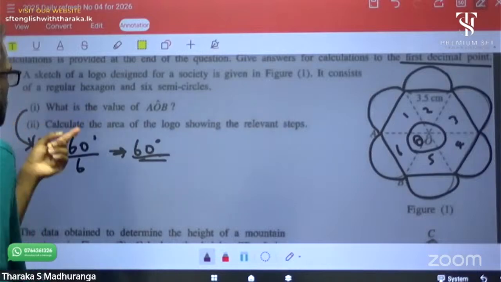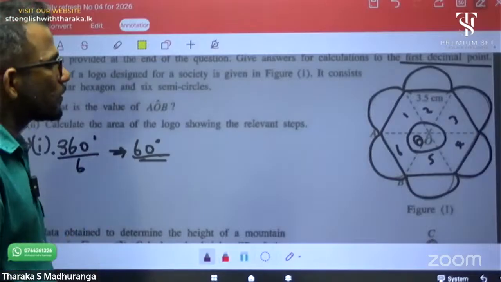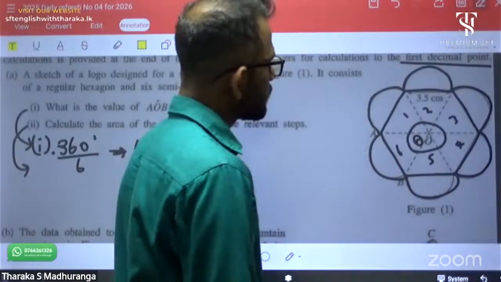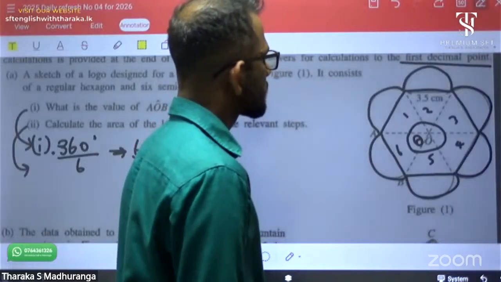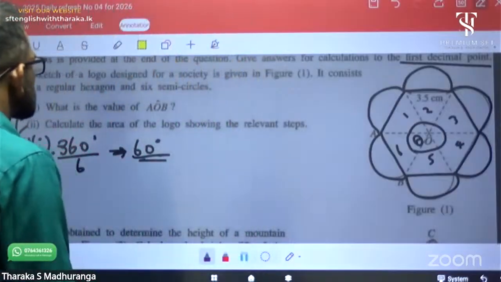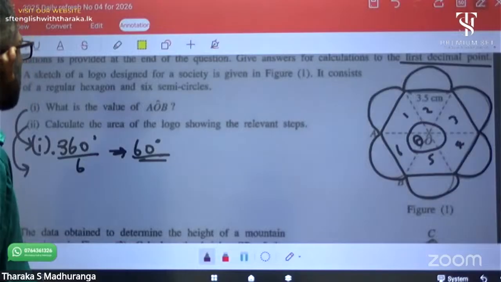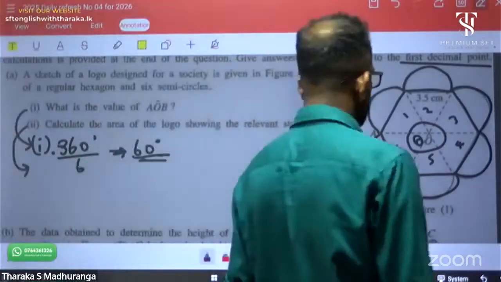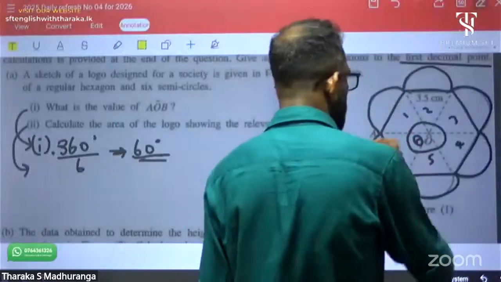Good. Second one: calculate the area of the logo, showing relevant steps.